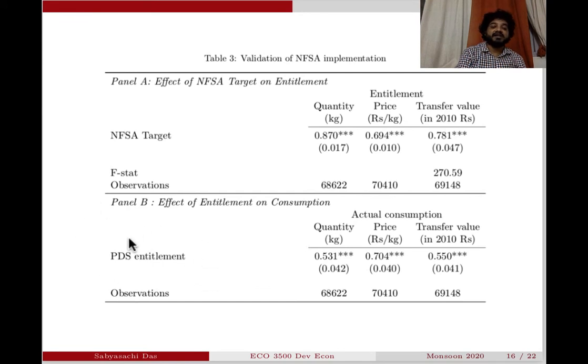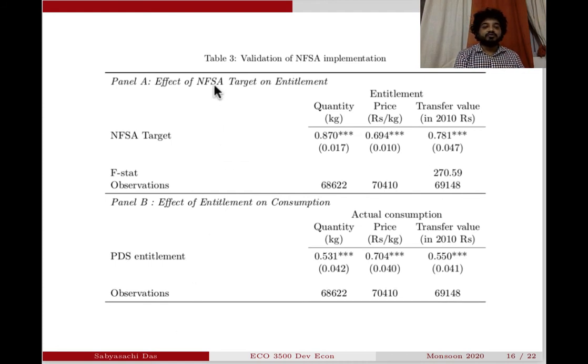So the greater the PDS entitlement in subsidy value, the greater is your actual subsidy that you enjoy in terms of the actual purchase. Okay? So it is indeed the case that if you change the target, you change the actual entitlement at the state level, and that also changes the individual's enjoyment of that transfer in a positive way. Okay, so that's a chain of events.